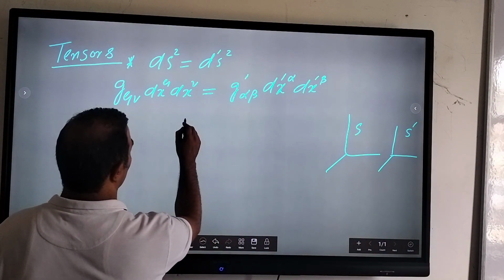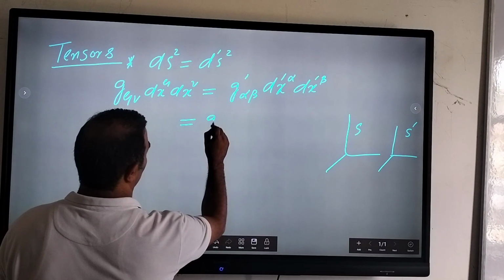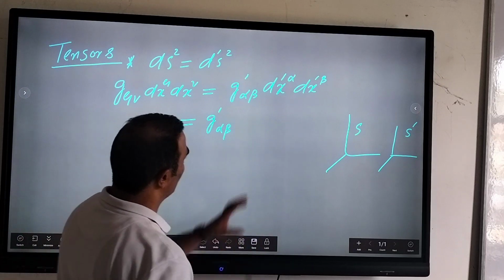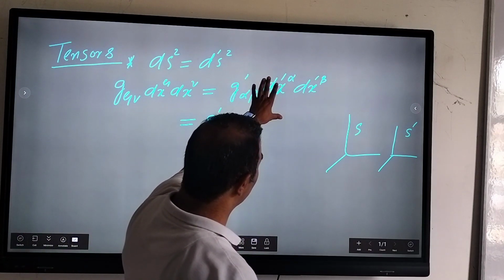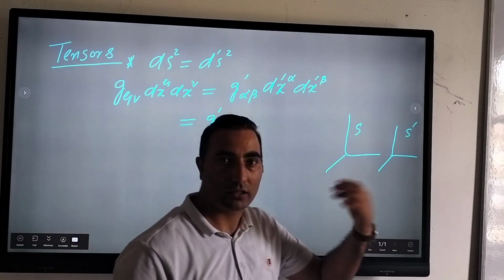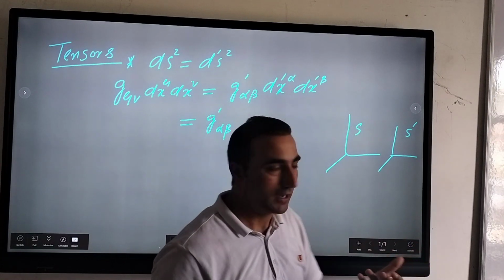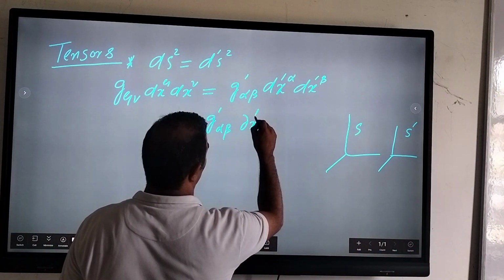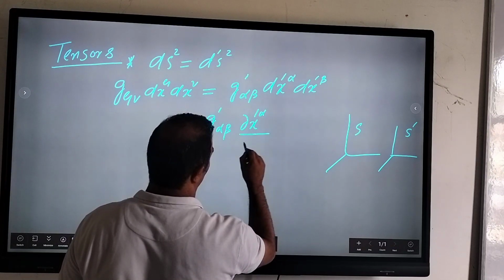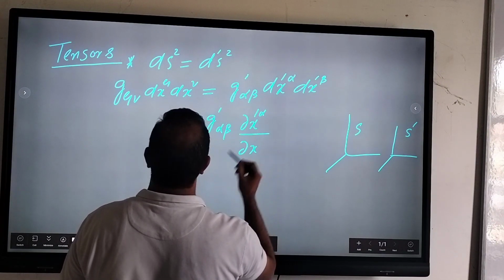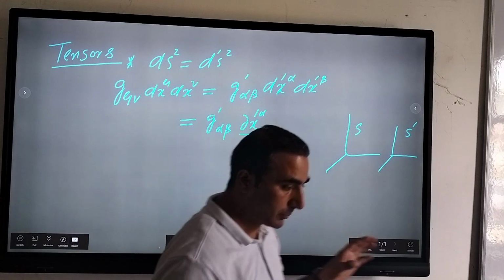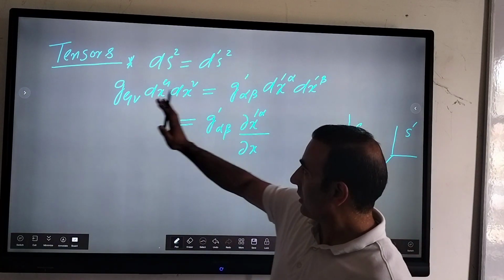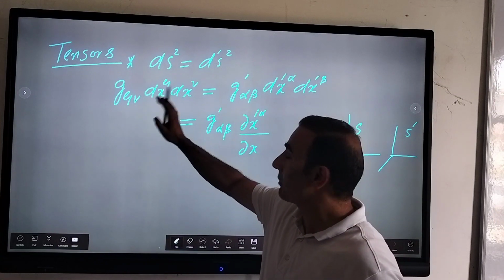So this will be equal to, and if you remember, we can write this in terms of the Kronecker delta. I can write this as partial x prime alpha by partial x mu, because remember one thing, I need to change from the unprimed to the primed system, while our indices are mu and nu.